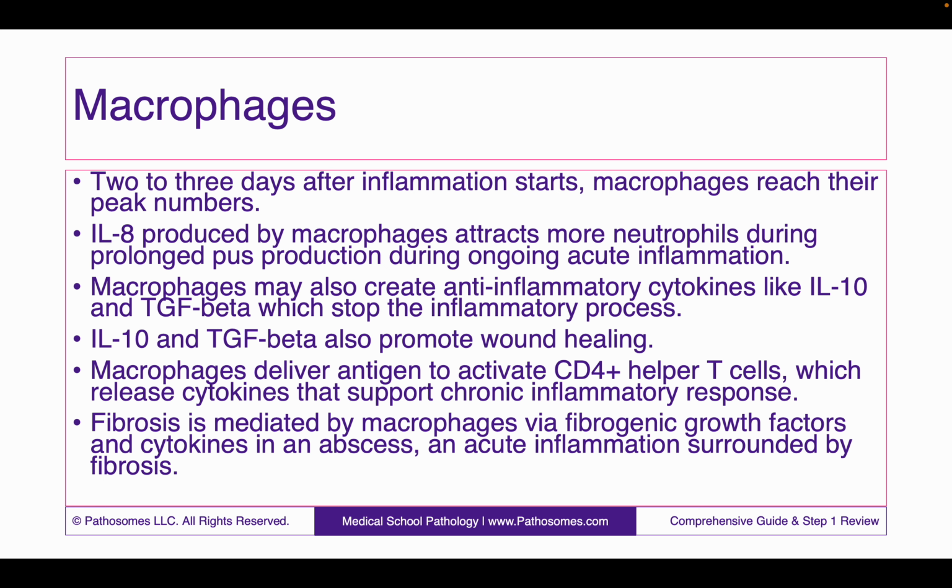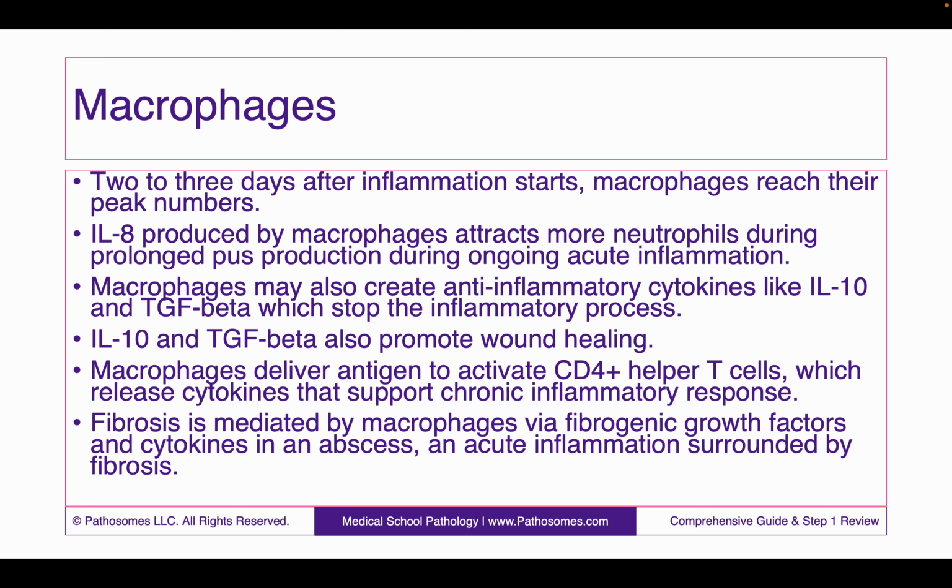Regarding their timeline, 2 to 3 days after inflammation starts, macrophages reach their peak numbers. Interleukin 8 produced by macrophages attracts more neutrophils during prolonged pus production during ongoing acute inflammation. Macrophages may also create anti-inflammatory cytokines like interleukin 10. Interleukin 10 and TGF-beta also promote wound healing.